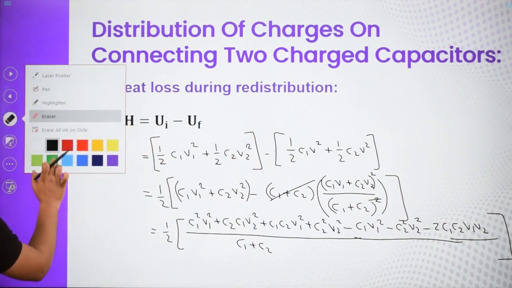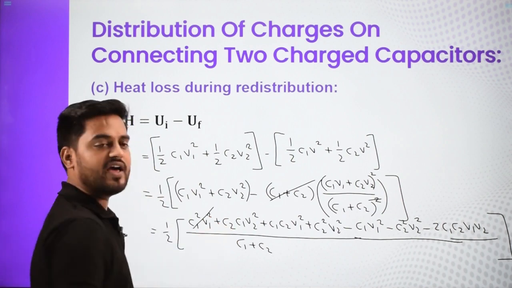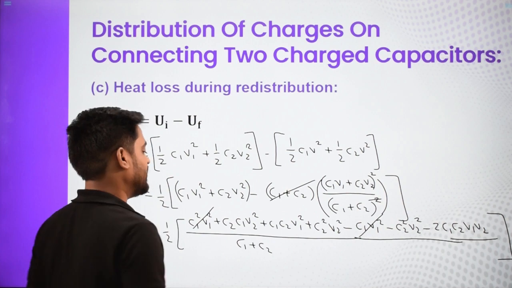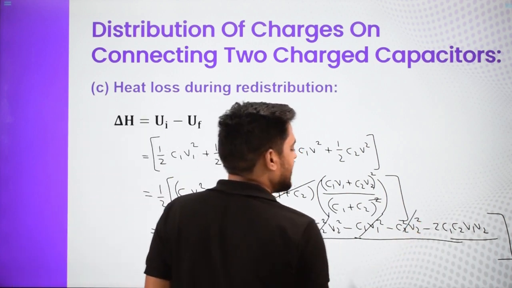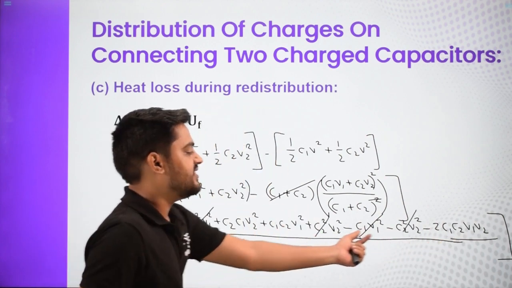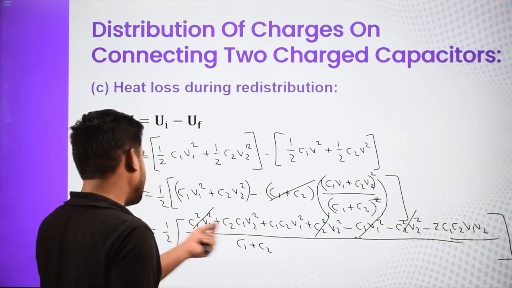Now let us just simplify this. Here C1 square V1 square will be cancelled out by this minus C1 square V1 square. C2 square V2 square will be cancelled out by this, and eventually all three remaining terms have C1 C2 in them, so I can take that as common.